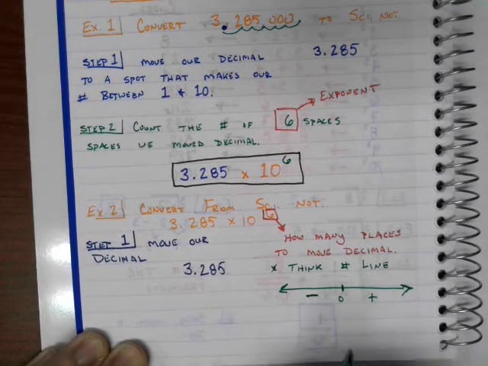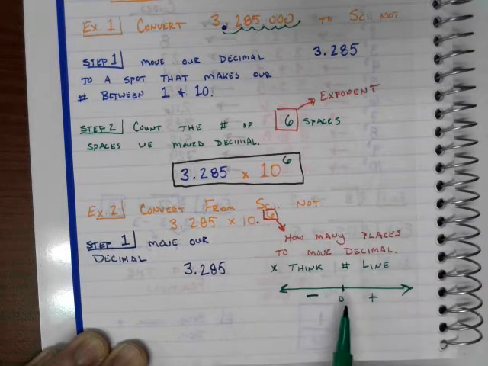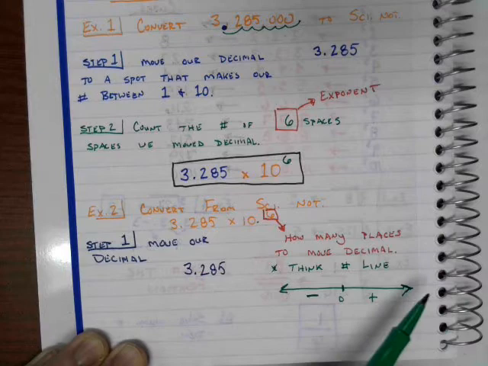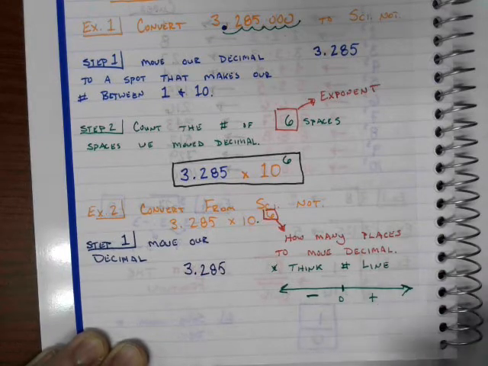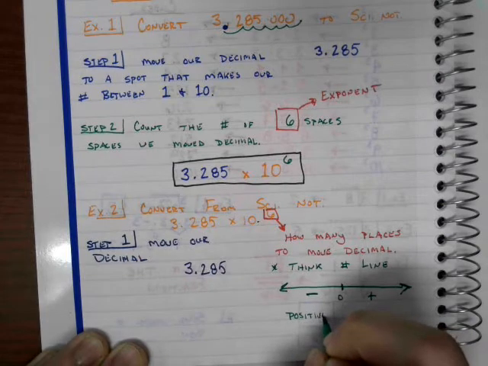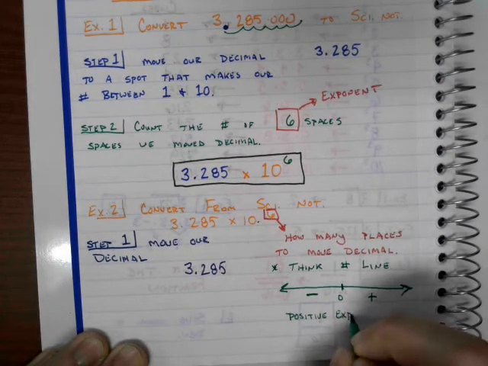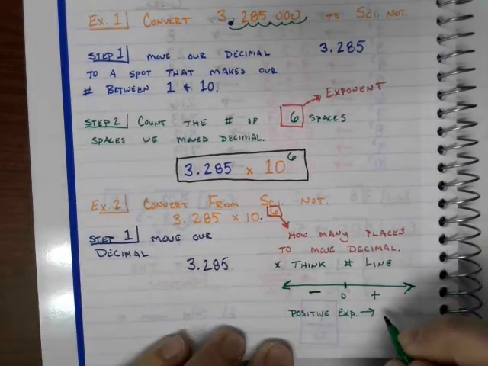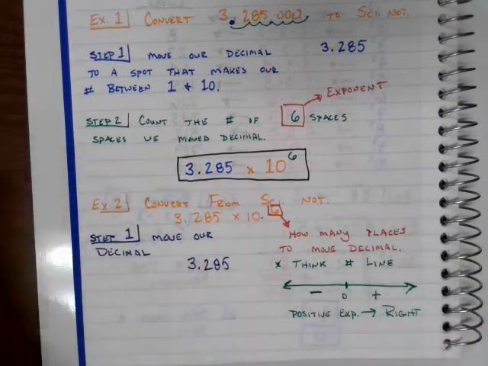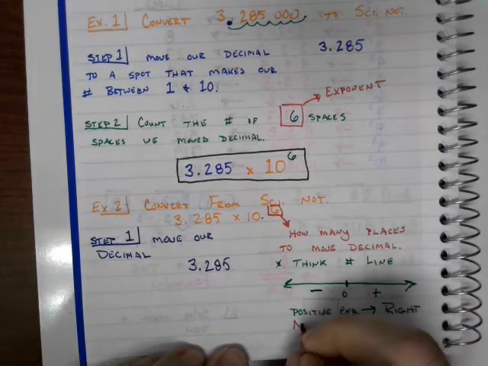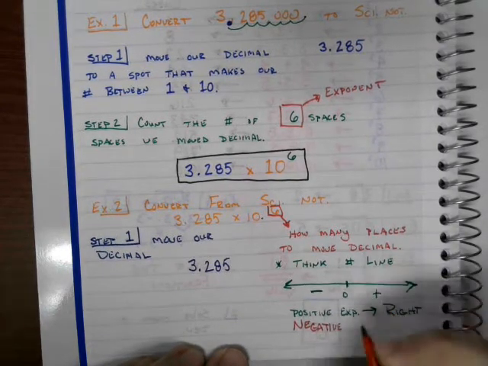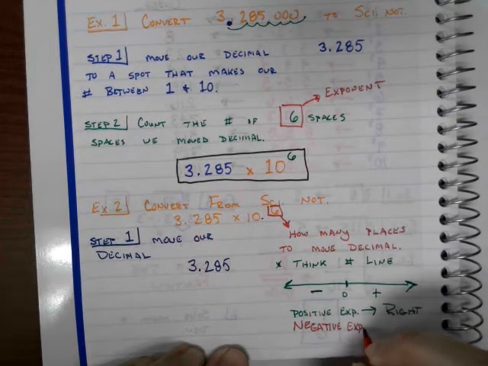So a positive exponent means we move the decimal to the right. If you want to jot that down: positive exponent, right; negative exponent, left.